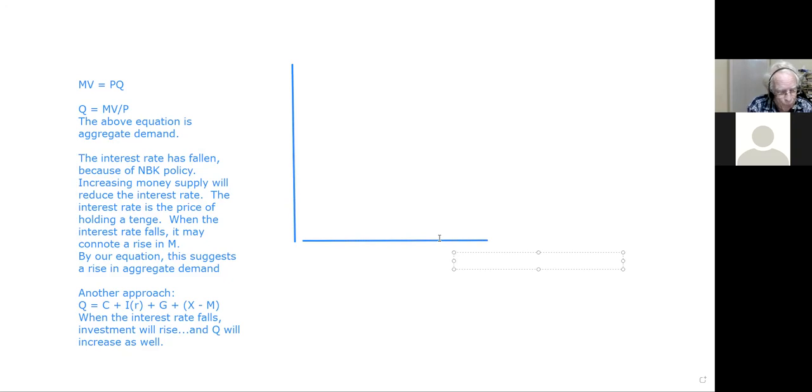On the horizontal axis, we have Q, which is output. And on the vertical axis, either the price level or the rate of inflation. So I will use the price level here.